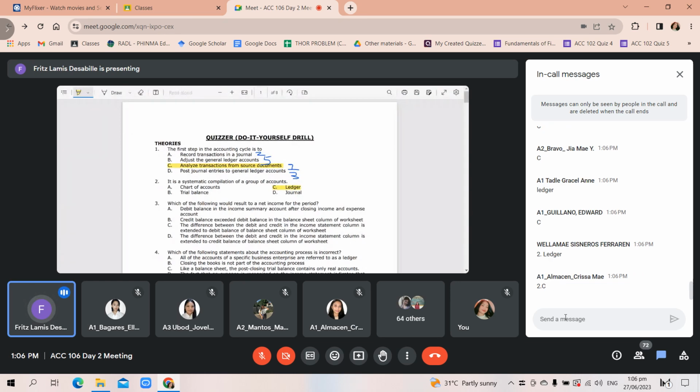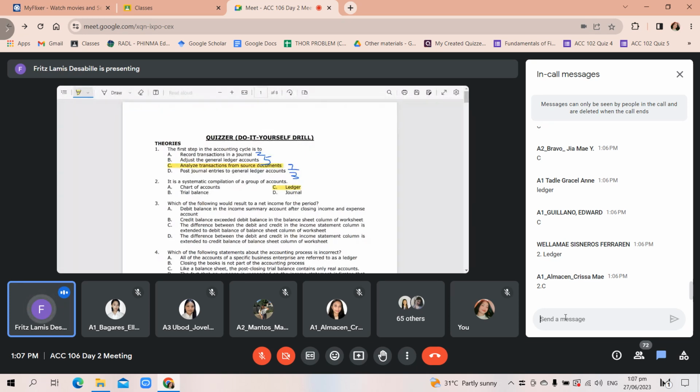Existing accounts of the company, and part of the chart of accounts is the classification of the account. Say for example, accounts receivable. In the chart of accounts, accounts receivable would be classified as a current asset, right? And it has many more details.